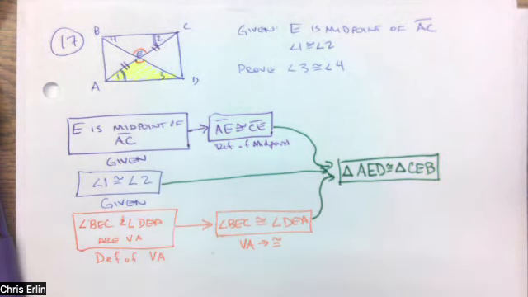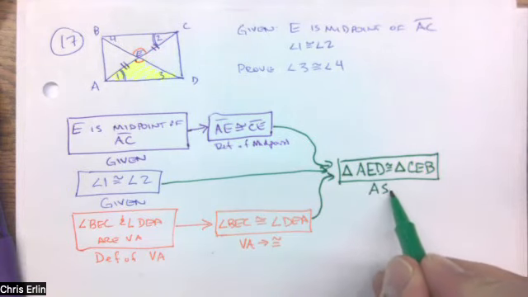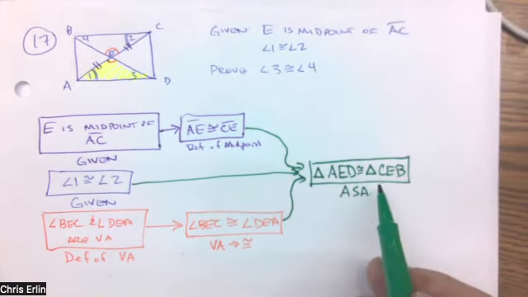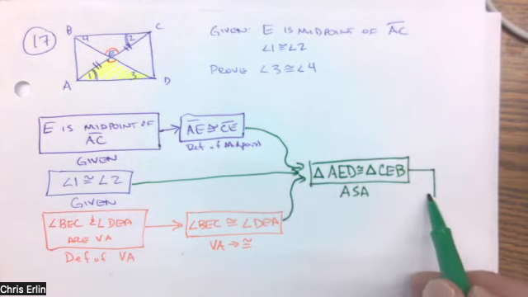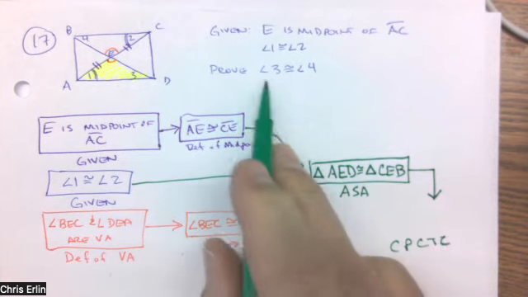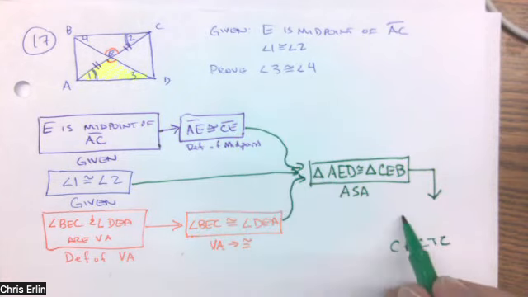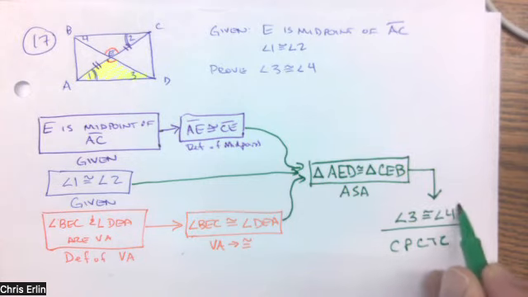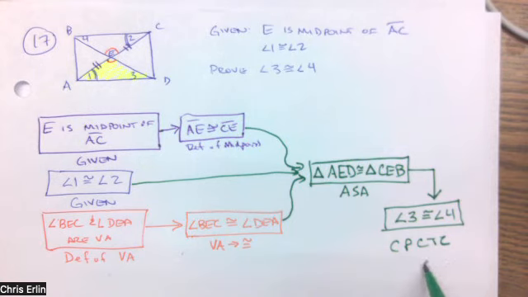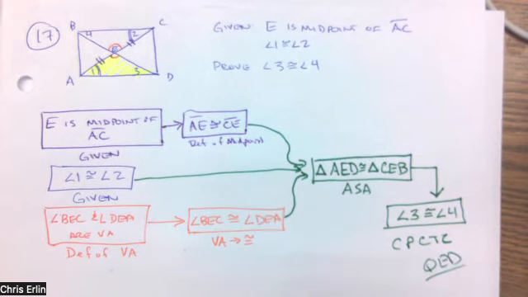Which 3-letter combo will I use? Good. ASA. And having proven that the triangles are congruent, I can take that 1 extra step to say CPCTC, to say that any corresponding parts are congruent. Which is what I was going for, QED.